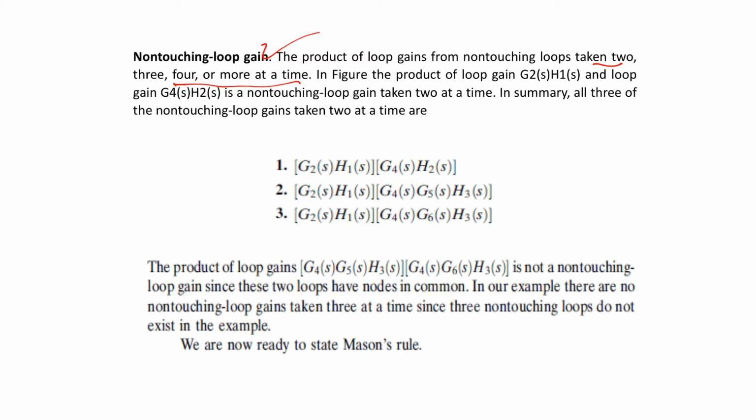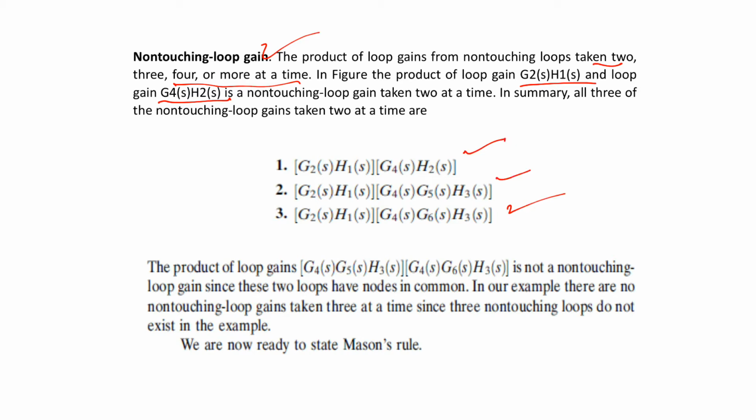Now in this figure you will see that G2H1 and loop gain G4H2 is a non-touching loop taken 2 at a time, and in this case there are 3 non-touching loops taken 2 at a time. There are no non-touching loop gains taken 3 at a time.